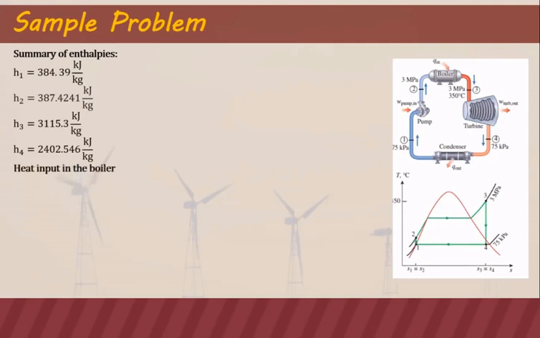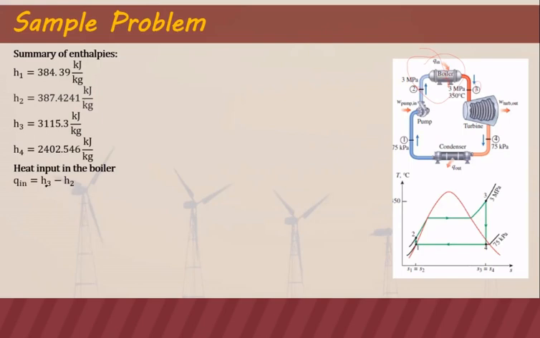The first one is the heat input in the boiler. As you can see here, the boiler is between process 2 and 3. So basically, by energy balance, the heat input is just equal to the change of enthalpy in the boiler, because we assume that there is no work input in the boiler, but only heat input. That's why our Q in is equal to the change in enthalpy.